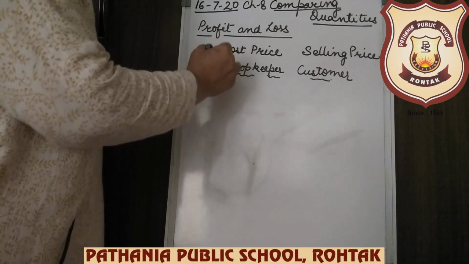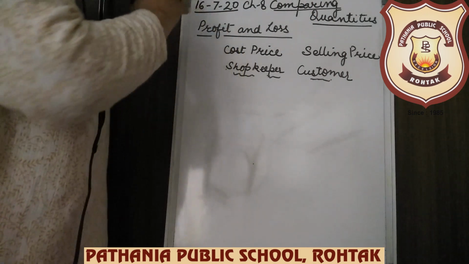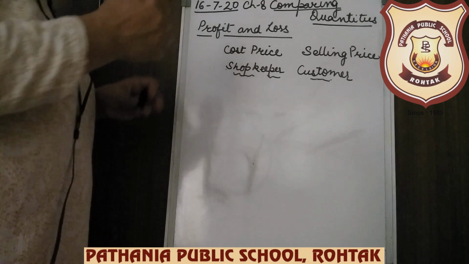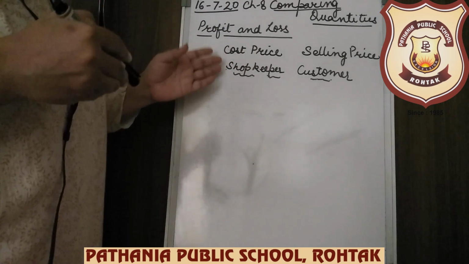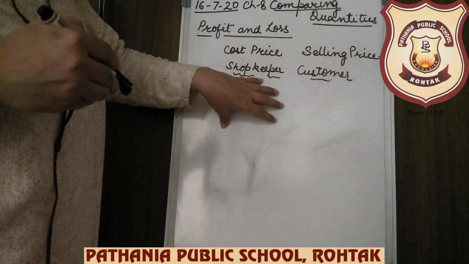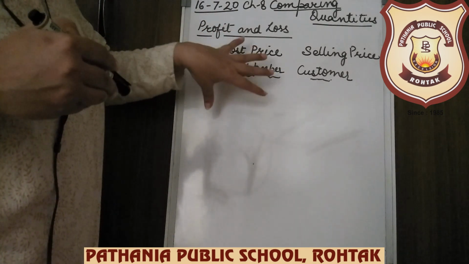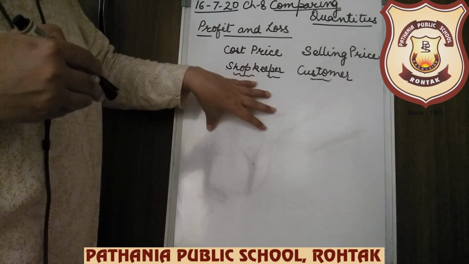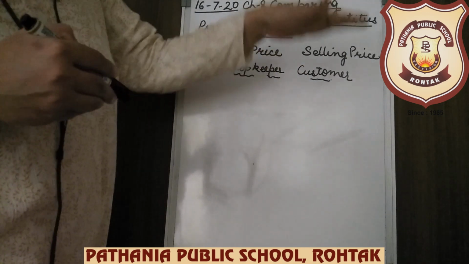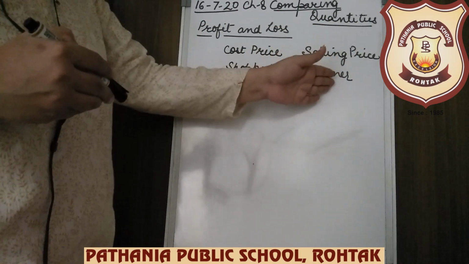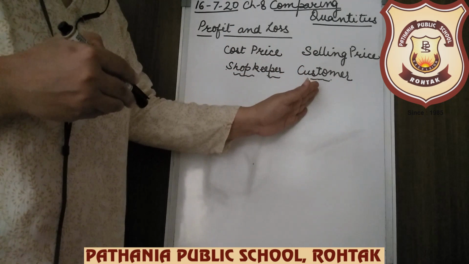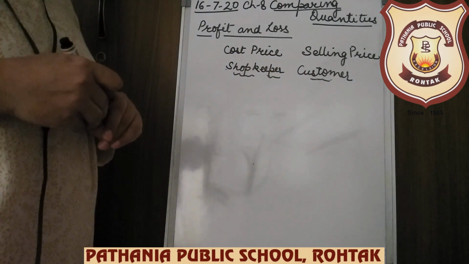So he brings the things from somewhere else, and that price which he is paying for the things is called the cost price. And now, he will not sell the things at that price, the cost price. That other price which the customer gives to the shopkeeper is the selling price. Is this clear?